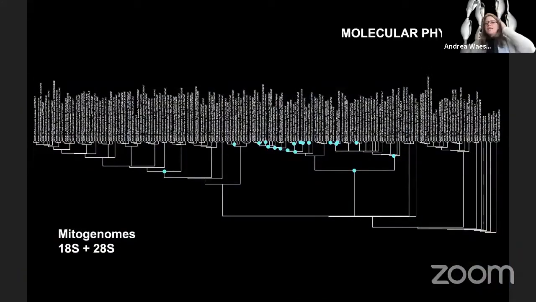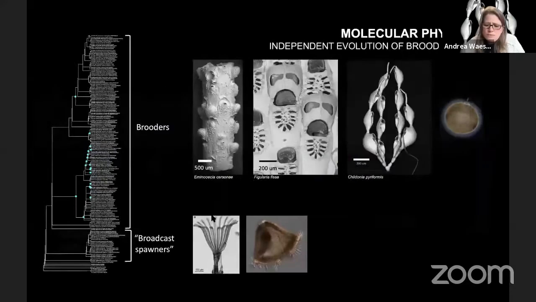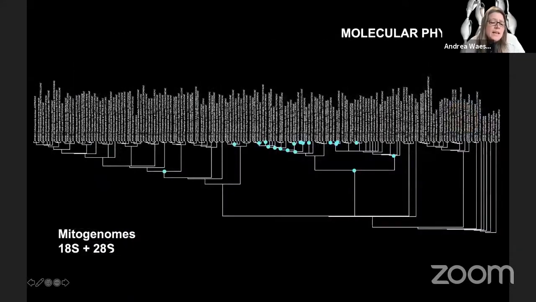So in terms of the molecular phylogeny, we're not quite done yet. So we're still adding species to it, but we have a good phylogeny in place already. And I was going to cherry pick some of the things that we've already discovered from this phylogeny. So the thing to point out here is that the phylogeny is based on mitogenome data and 18S and 28S data.